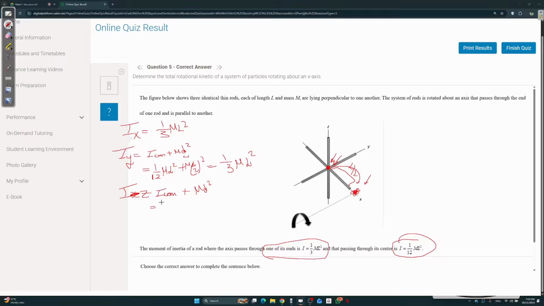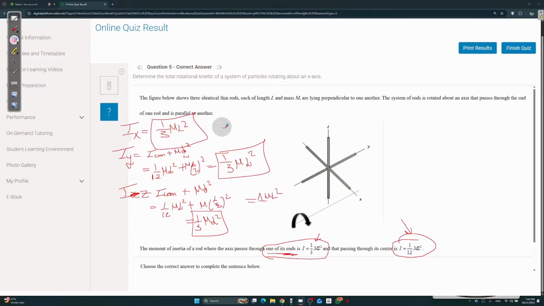The formula for the center of mass is 1 over 12 ml squared plus md squared, so m times L over 2 squared, because the center of z is right here, and the distance between that center and this axis is L over 2. So you get again 1 over 3 ml squared. How do you find the total moment of inertia? You just add up each one, and you get 1 ml squared.